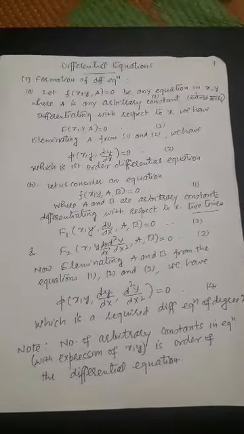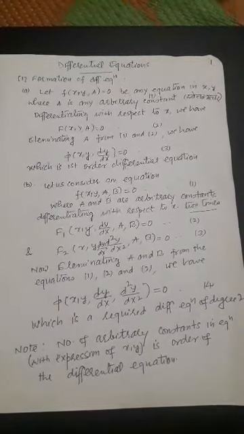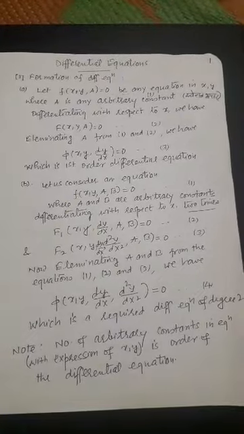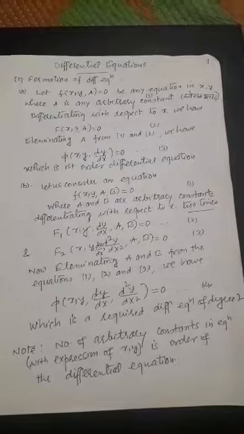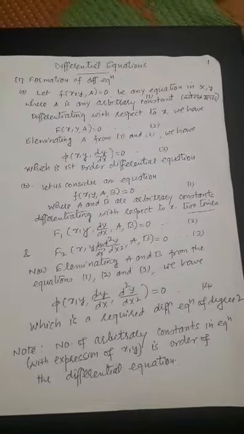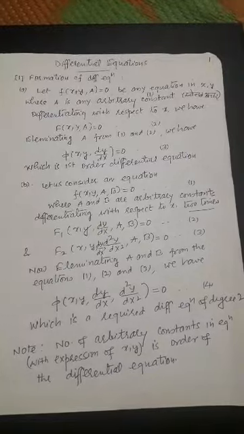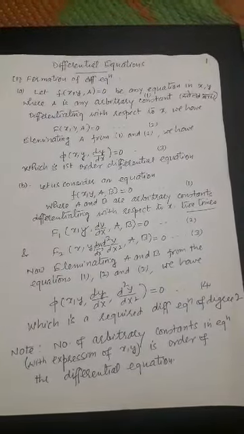Suppose we have an equation f of x, y, and a, where y depends on x. It means y is the dependent variable, x is the independent variable, and a, the capital alphabet, is an arbitrary constant.